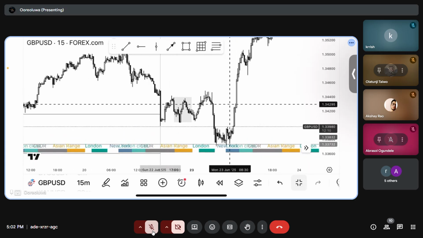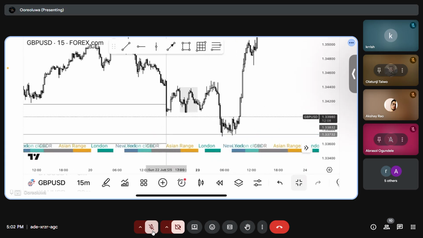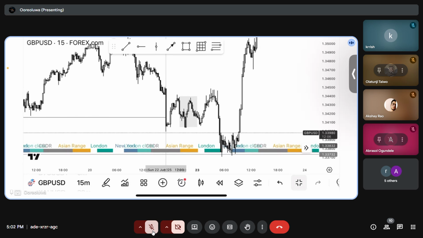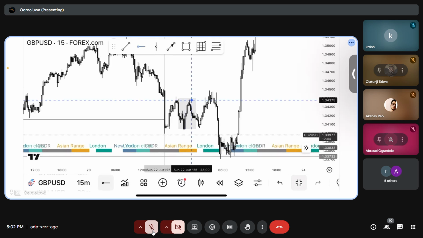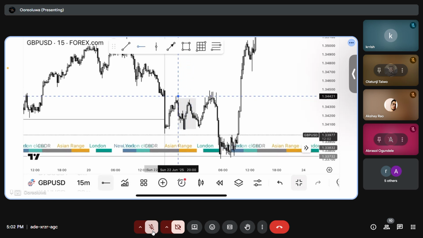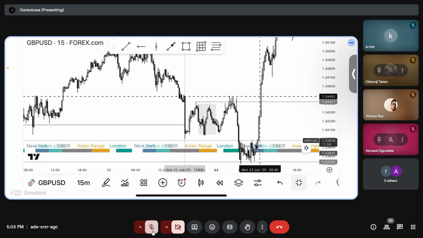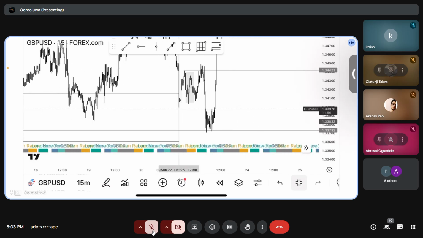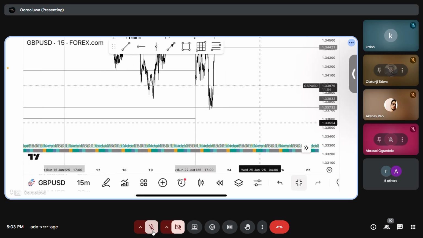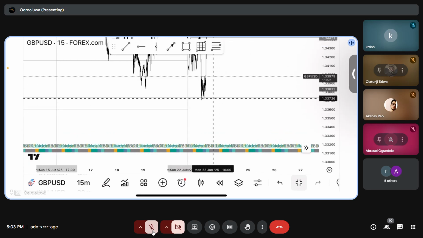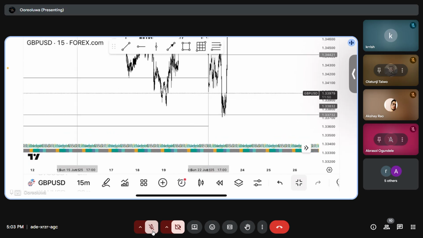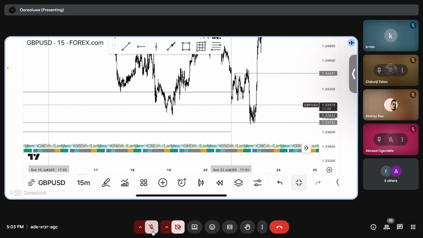Some pattern traders will have taken this sell and put their stop loss above. But no, we are at a key level. Price formed a low, so this is a pre-manipulation swing low.